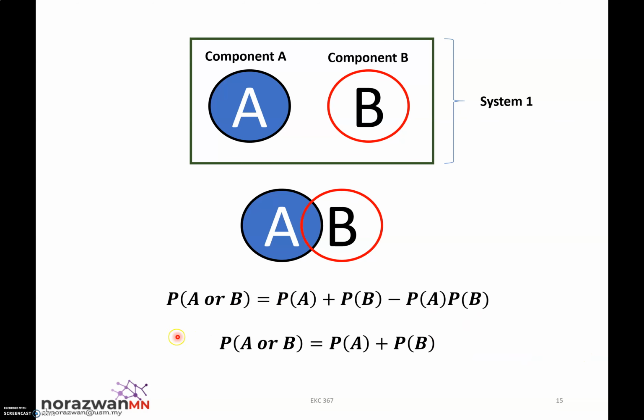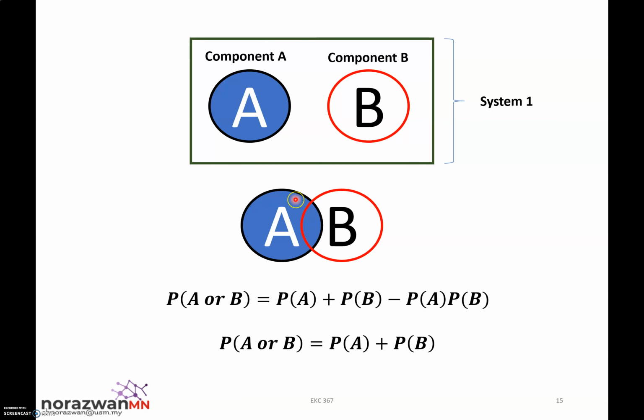To summarize, the probability of A or B to occur is equal to probability of A plus probability of B. This is the summarized version when the overlapping part is so small. But you can still use PA plus PB minus PAPB to calculate the probability of the incident to occur.